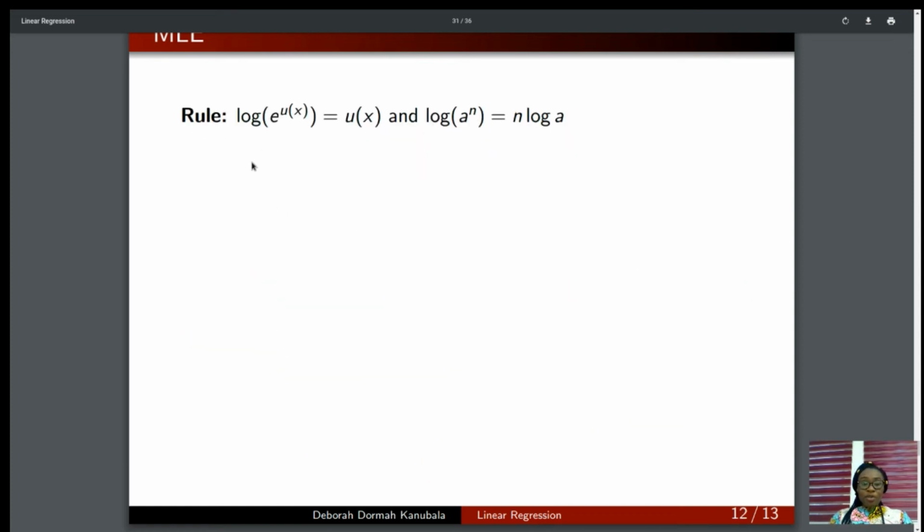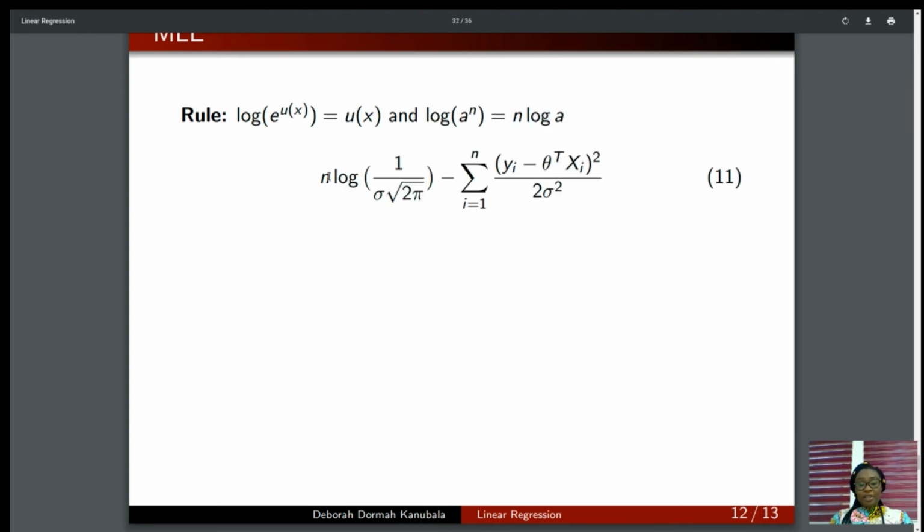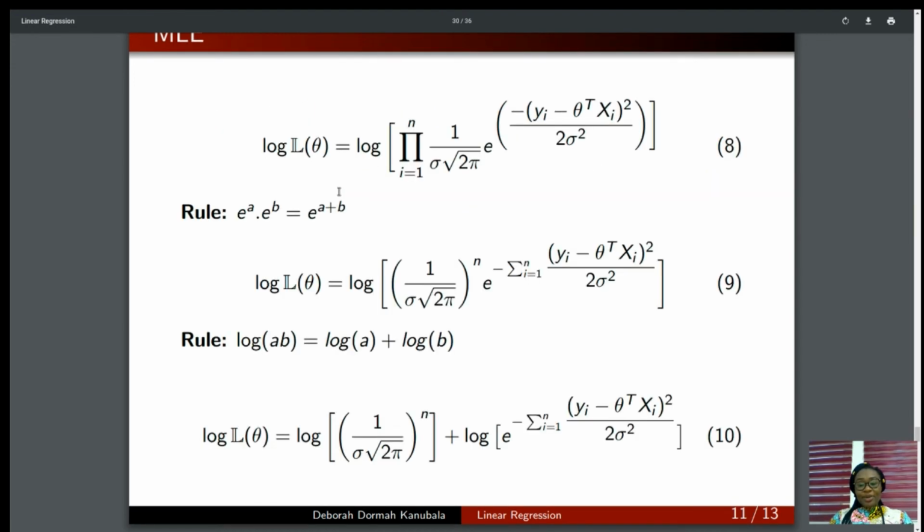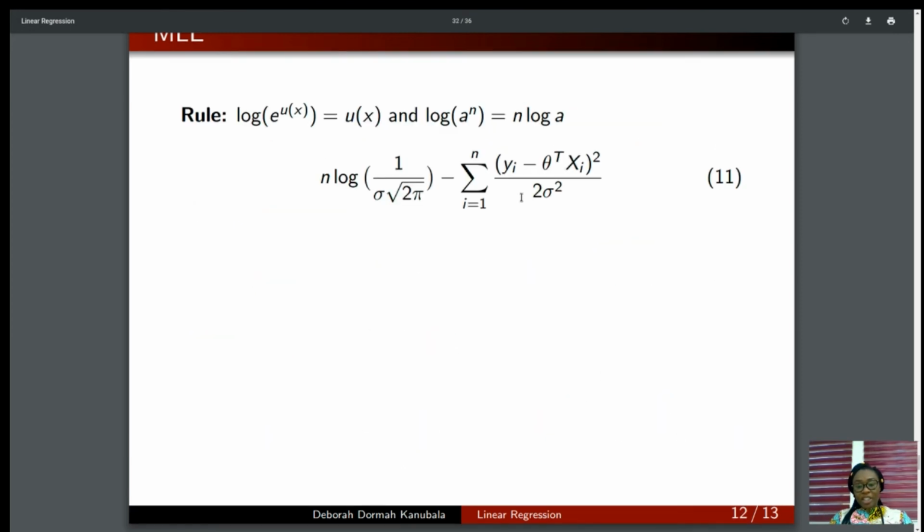The other rule is that the log of the exponential raised to the power of a function is equal to that function, and the log of a raised to the power n is equal to n log of a. Applying that to this function, this is going to become n log of all of this, and the log of e will just become the summation of all of this, as we have in equation 11.